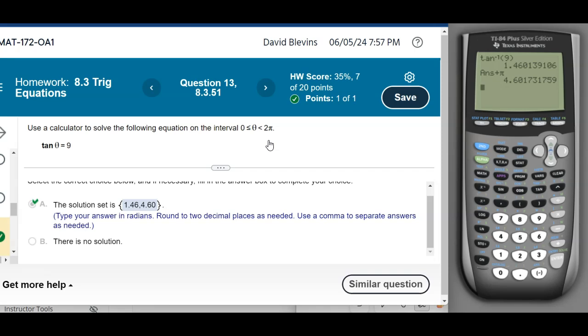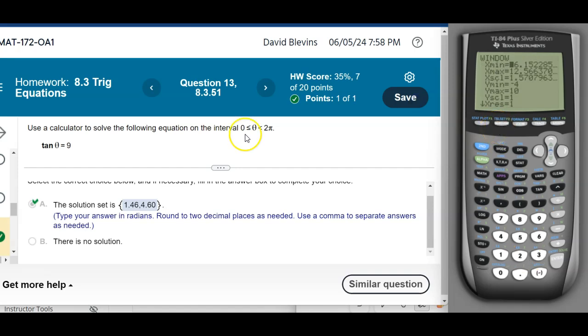Now another way you could use your calculator here is to graph it. So y1, the left-hand side, equals tangent x. Notice the X,T,theta,n button, so that's fine to just press that. And then the next one is the right side, y2 equals 9. Now I'm going to set my window.